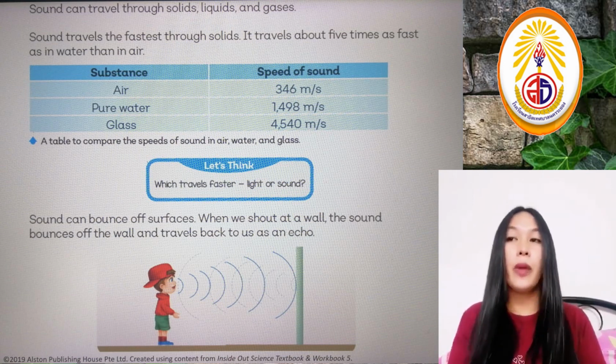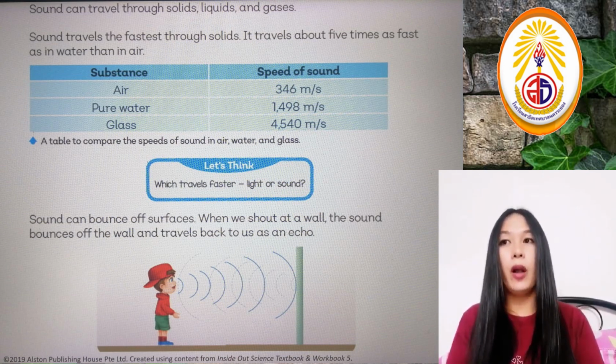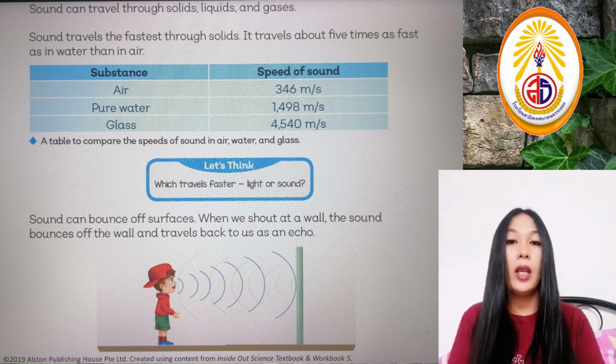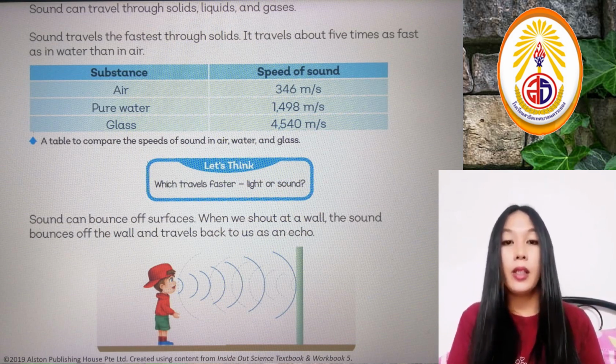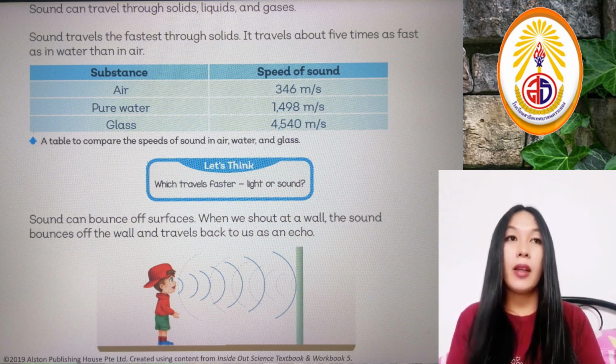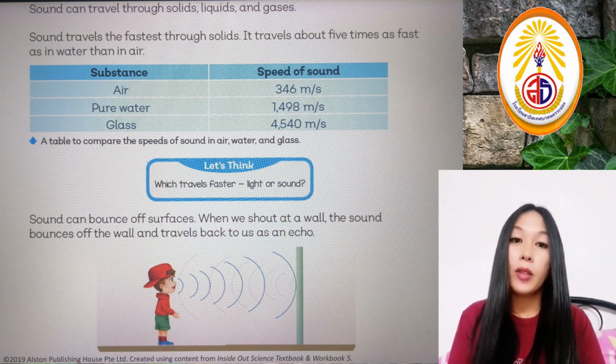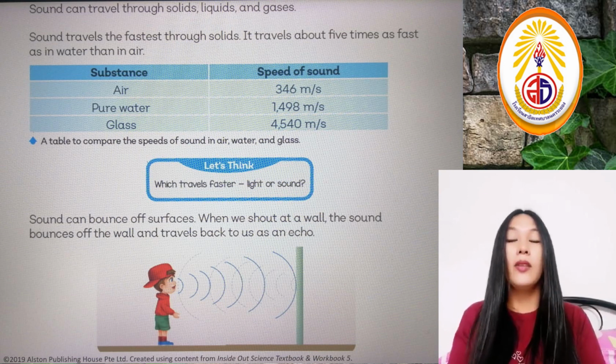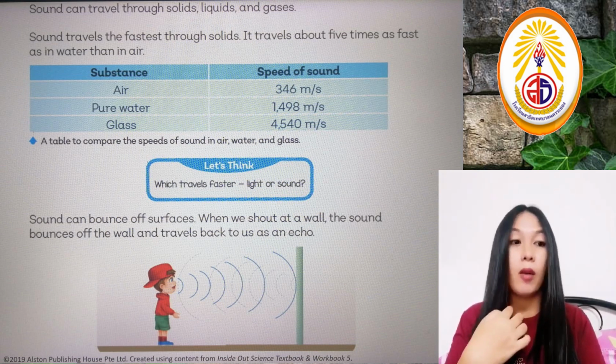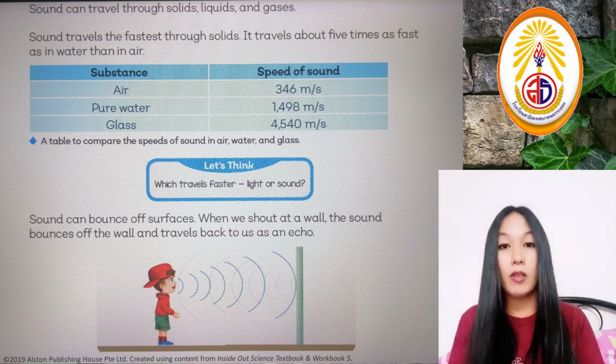Why? Sound waves travel through vibrations of particles in the medium, for example, air, water, solid, and so on. So it's safe to say that sound cannot travel through a vacuum because there are no atoms or molecules to vibrate, so there is no medium for the sound to travel.